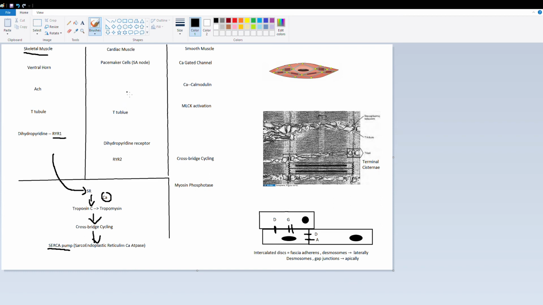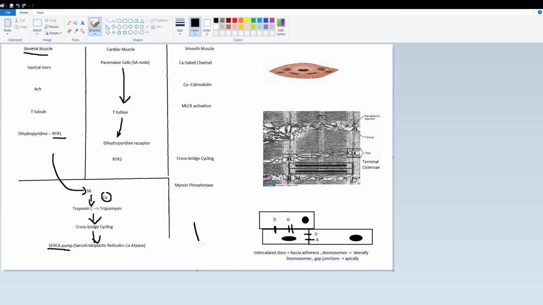So they depolarize your cardiac muscle, and this depolarization travels down the T-tubule the exact same way as happened in the skeletal muscle. The T-tubule then depolarizes, and the dihydropyridine receptor there changes conformation. Now this dihydropyridine receptor is different than the one found in skeletal muscle because unlike skeletal muscle, it's not linked to ryanodine receptors.